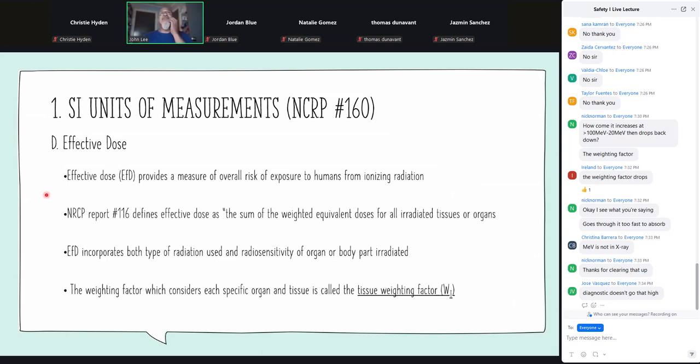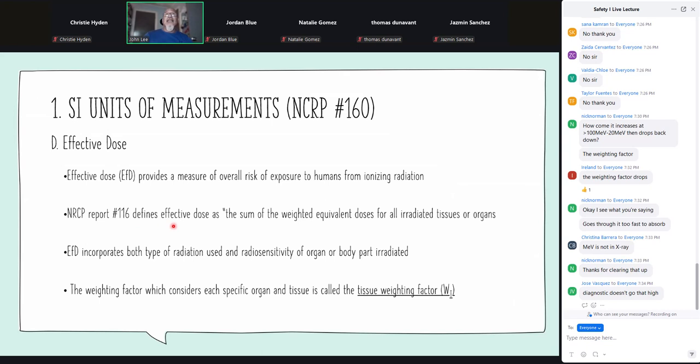Now, the effective dose, this is not the equivalent dose. This is where a lot of students get confused. Effective and equivalent aren't the same thing. Equivalent just matches the absorbed dose with the radiation factor. The effective dose uses the equivalent dose in addition to a tissue weighting factor.